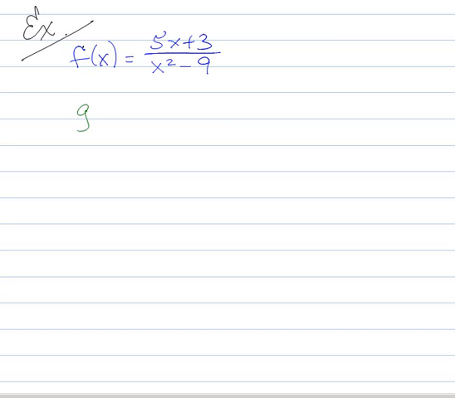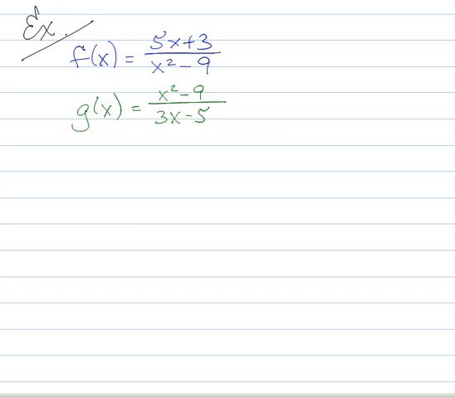So let's try another one. We'll go f of x is equal to, let's see, 5x plus 3 over x squared minus 9. How's that? And we'll say g of x is x squared minus 9 over 3x minus 5.